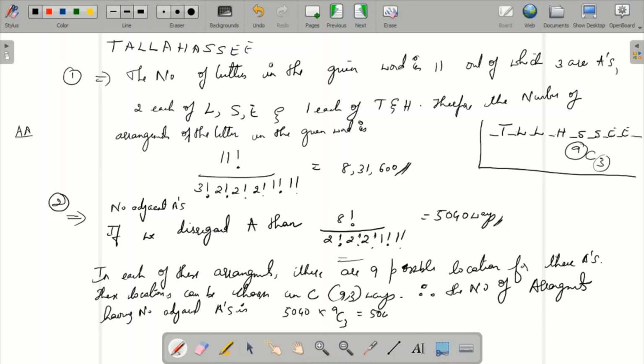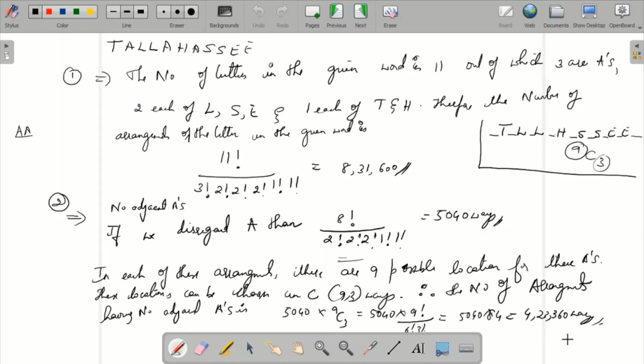So that would give you 5040 into 9 factorial divided by 9 minus 3 is 6 factorial into 3 factorial. So that is nothing but 5040 into 84. So that would give you 4,23,360 ways.